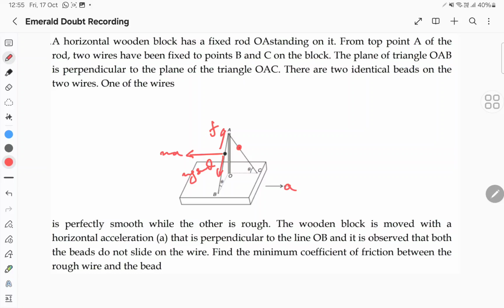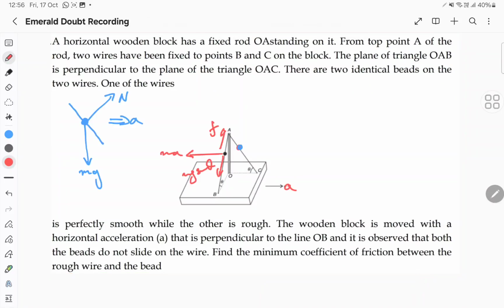So we'll write a set of equations for the smooth wire. Say this is the blue bead and I'll write the blue equation for that. I'll not write pseudo force, though you can write pseudo and get the same answer. The real forces are the normal reaction from the wire N, and mg of the bead. The body is going forward with the acceleration because the whole block is going forward with the acceleration, and the body is not going up or down. There is no friction.